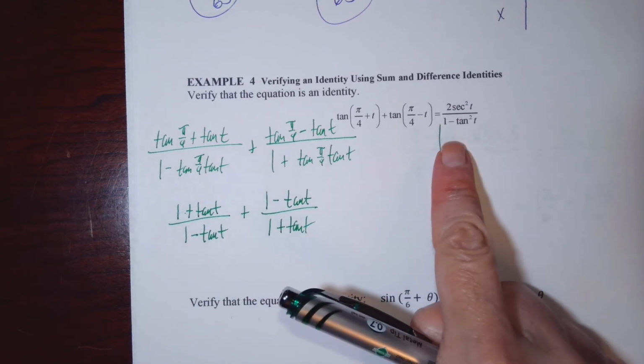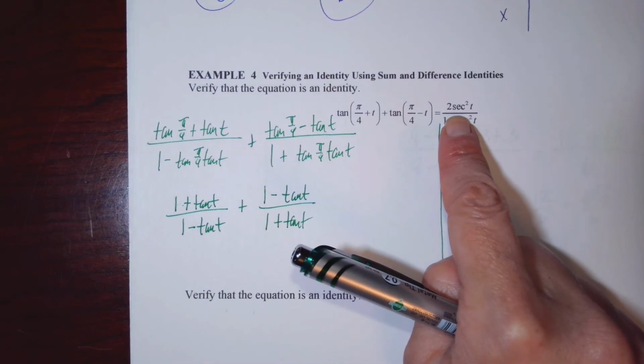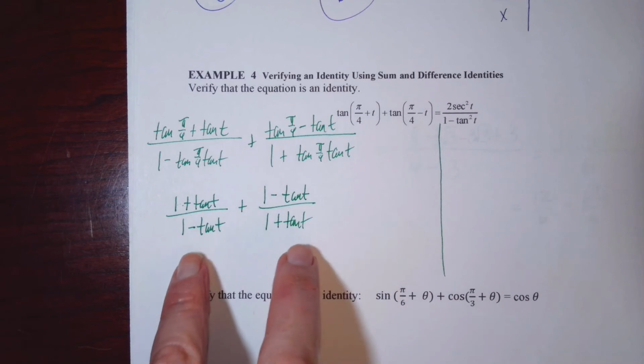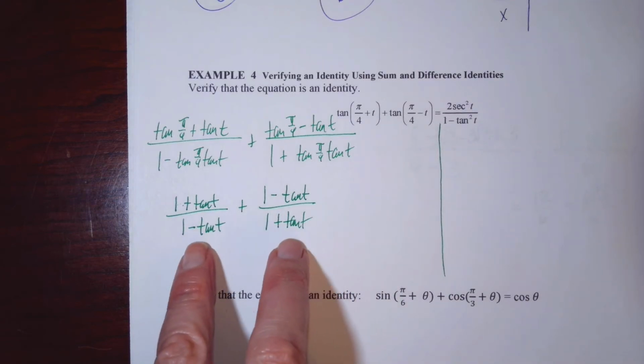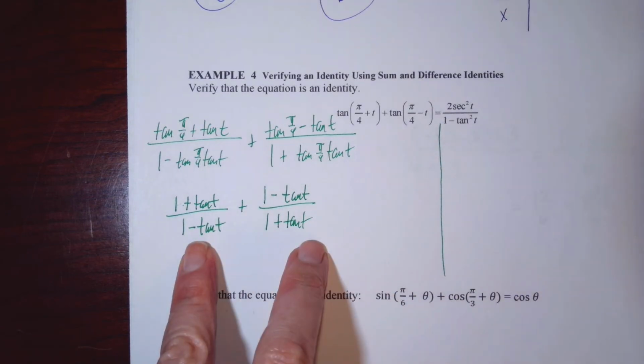Now as I look over here, I don't know what I've got going on with the secant square in my numerator, but I see I've got difference of squares in my denominator, and I've got conjugate pairs as my denominators here. So I can make that happen by finding a common denominator.